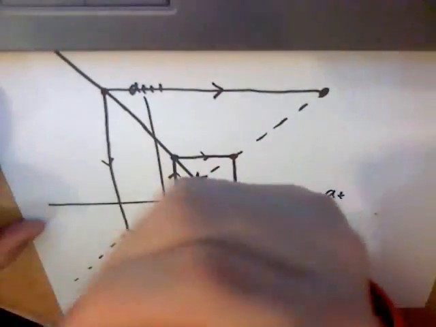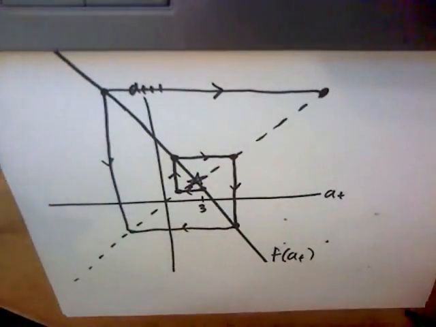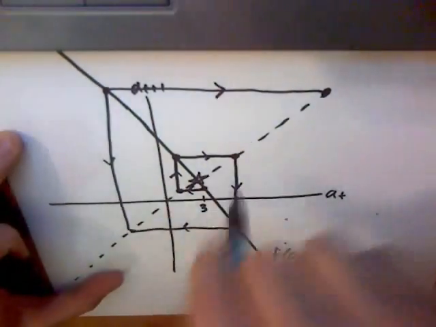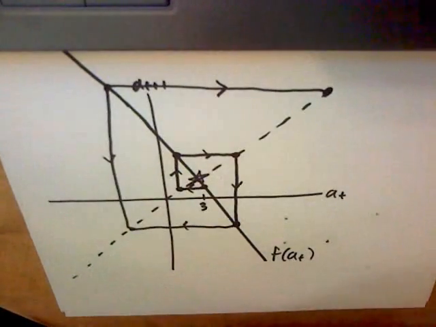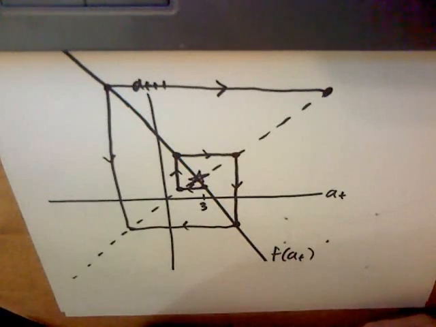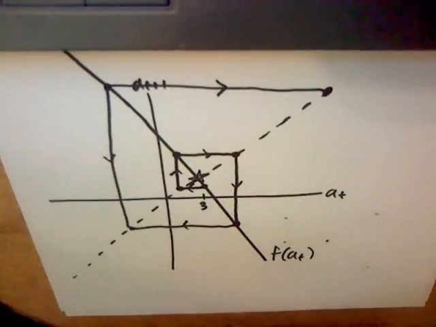If we were going the other way, it would be a stable one. We're spiraling away, so it's unstable. If we were spiraling towards it, it would be stable. Now, you don't need to spiral to get a stable or unstable point. You just have to either approach it, which means it's stable, or go away from it, which means it's unstable.